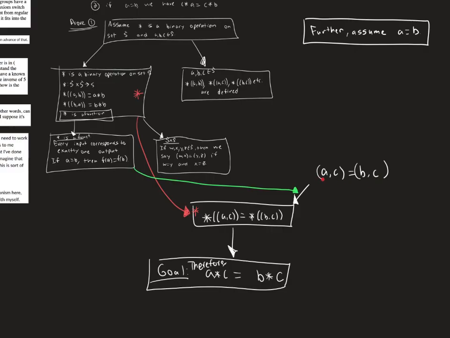Okay, AC equals BC. How could we get there from this? Well, if A equals B, this implies that, where is it? Yeah, it's this definition here. Oh yeah, we got it, friends. We can move there from that definition.